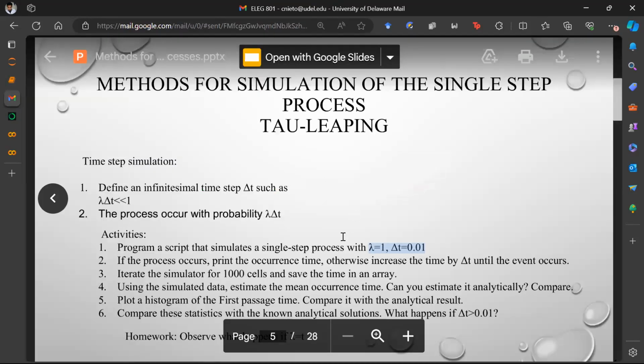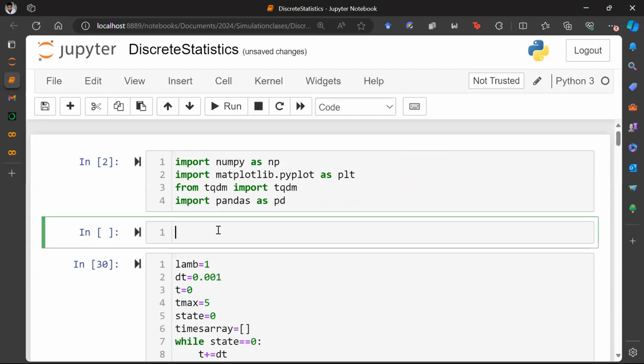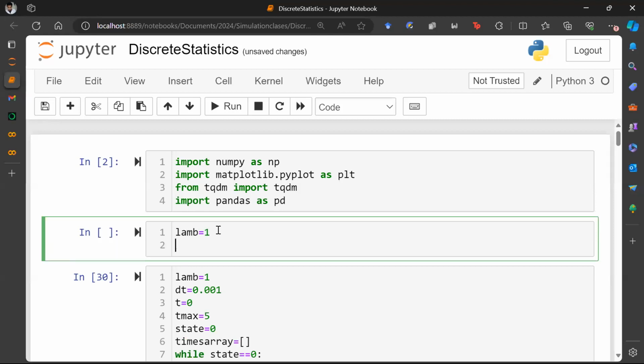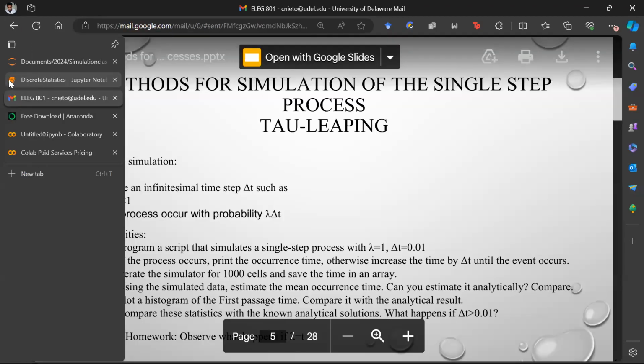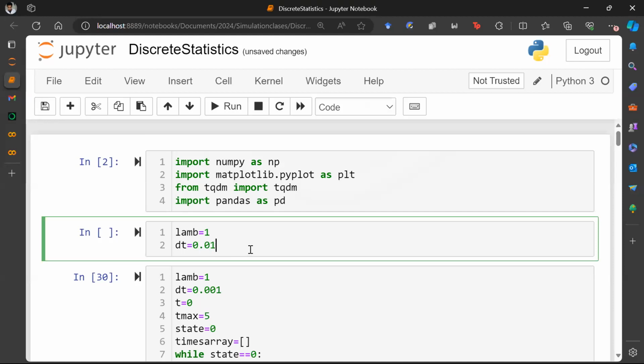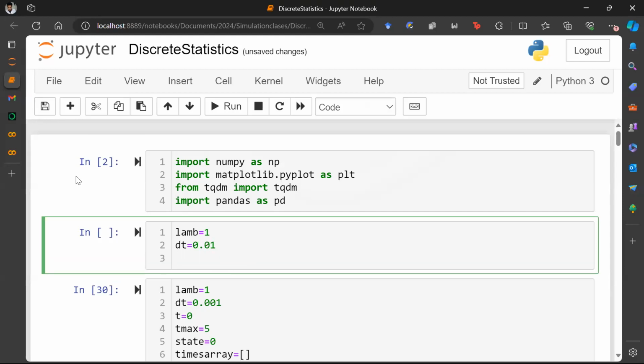Okay, so the first part is to propose these two parameters. So lamb is going to be 1, and dt, delta t, is going to be 0.01.